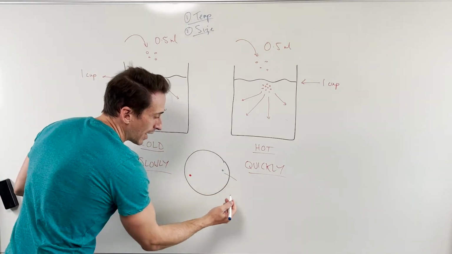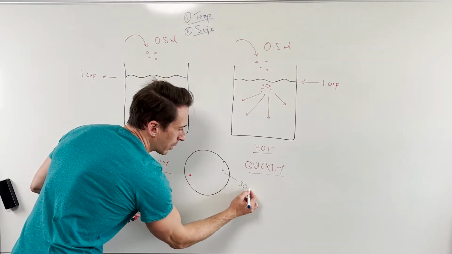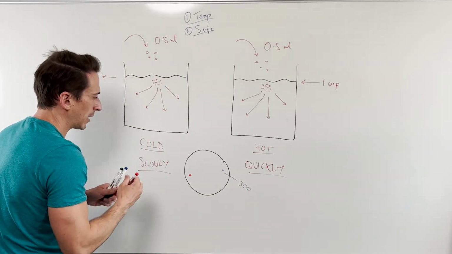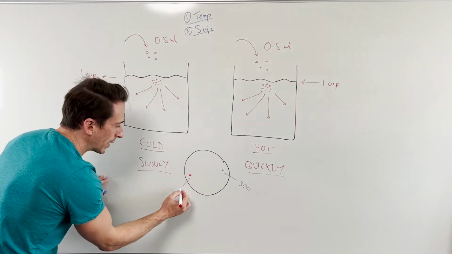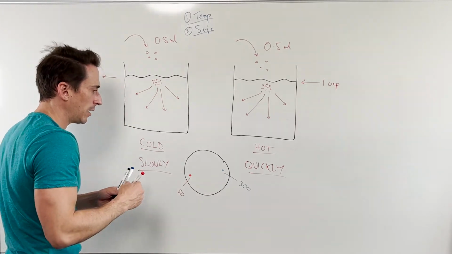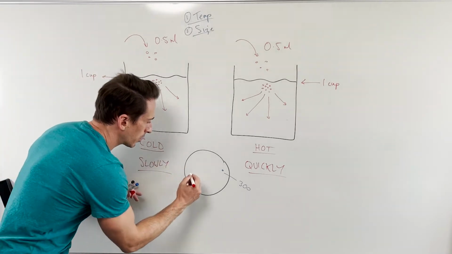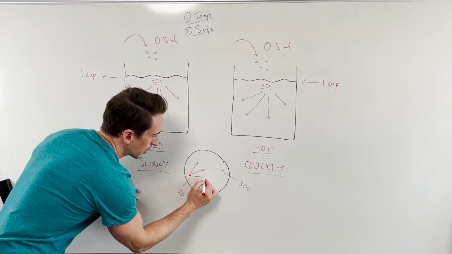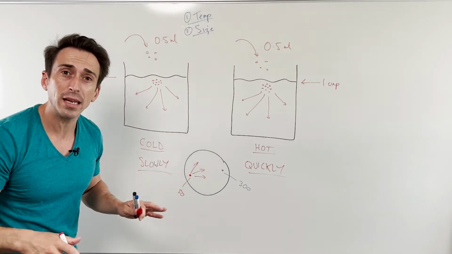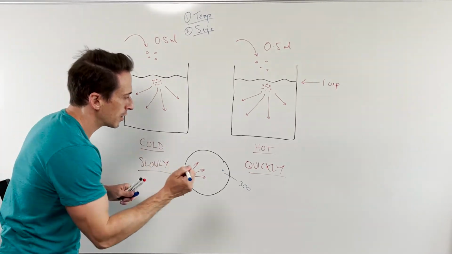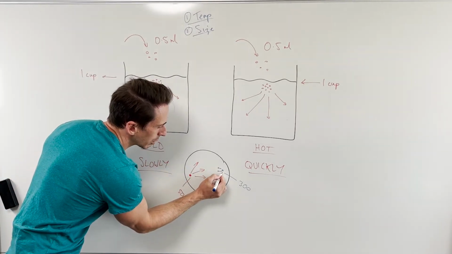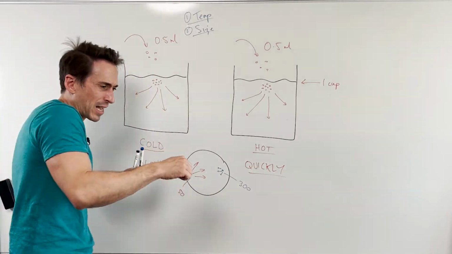But this one has a molecular mass of 300 and this one has a molecular mass of 50, so this is just its weight, its size, and you watch the way it diffuses through. This one's going to diffuse more quickly because it's smaller. It can move through the medium far more quickly. This one moves more slowly because it's very big. It's hard to get through.